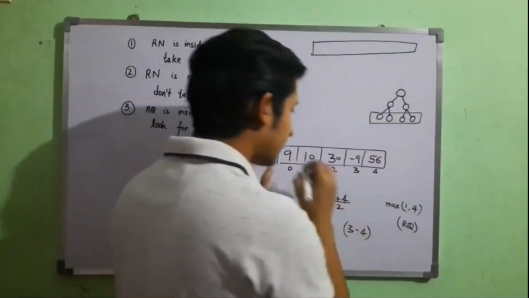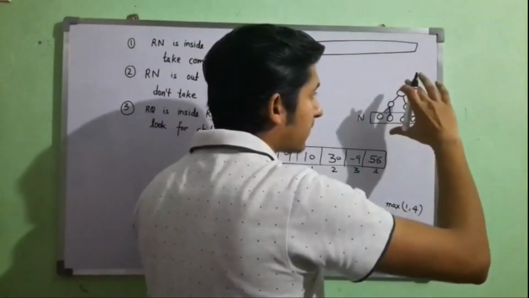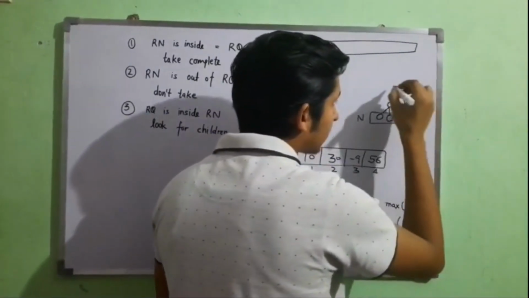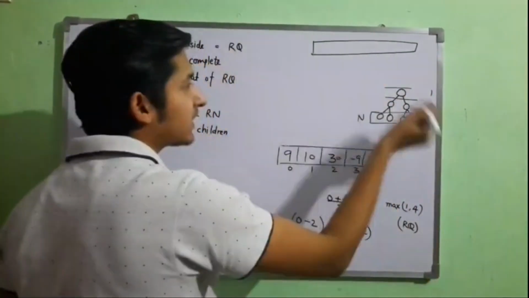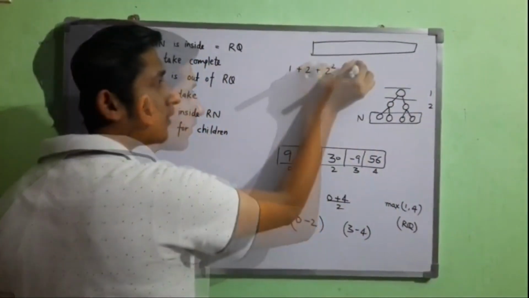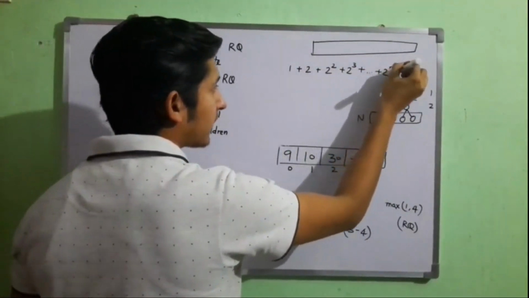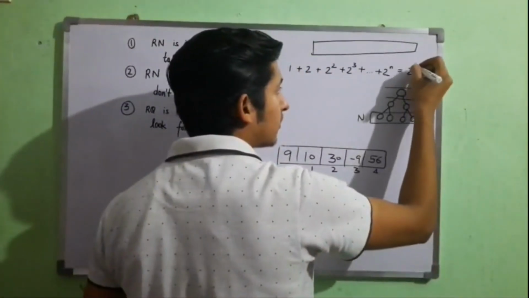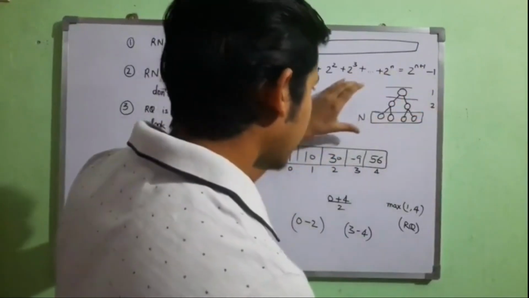So I can say that the number of nodes at last will be n, and looking at this, 1 is the number of nodes at this level, 2 at this level, so this will be the number of nodes in my tree. And now by geometric progression I can say that this will be equal to this. So this will be the number of nodes in my tree.